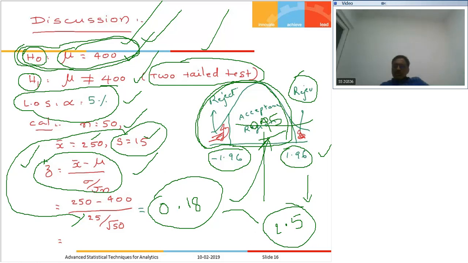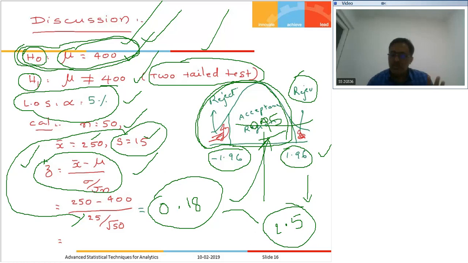Significance means the same. Whatever decision I am taking with 95% confidence means the LOS is 5%. That is the significance of the 5% we have taken. How we get 1.96 I will explain.